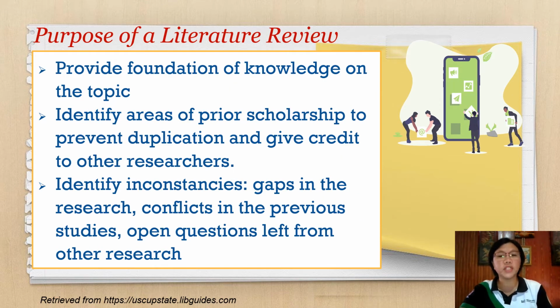What are the purposes of a literature review? It provides a foundation of knowledge on the topic. It identifies areas of prior scholarship to prevent duplication and give credit to other researchers. It identifies inconsistencies, gaps in the research, conflicts in previous studies, and open questions left from other research.